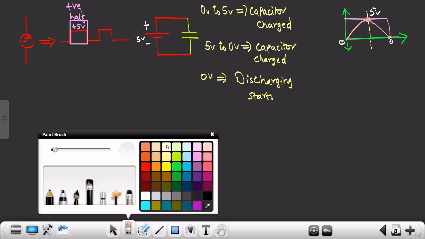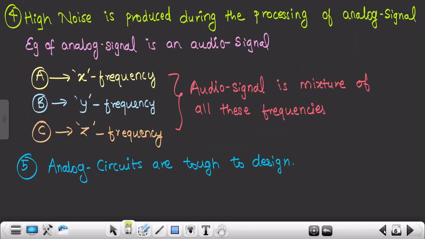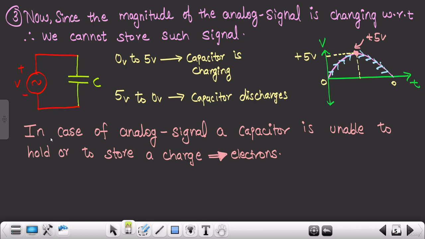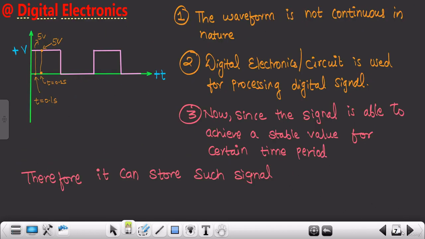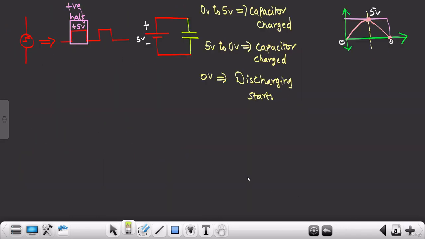So what we can conclude over here is that in case of an analog signal, the capacitor is unable to hold charge, okay? In case of a digital signal, the capacitor is able to hold charge for a certain instant of time, right?